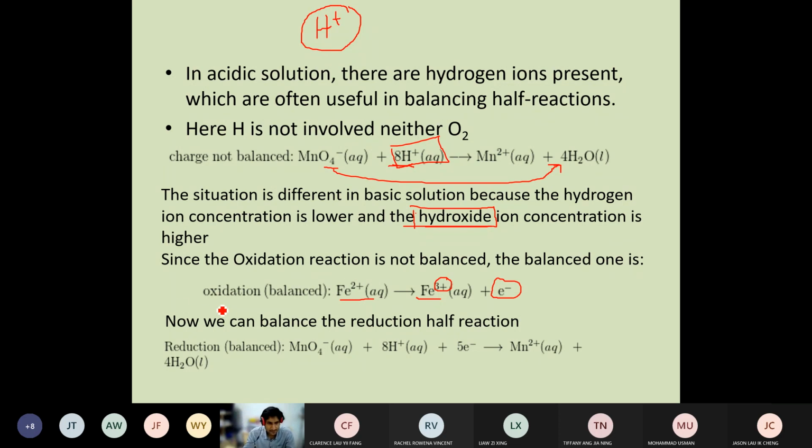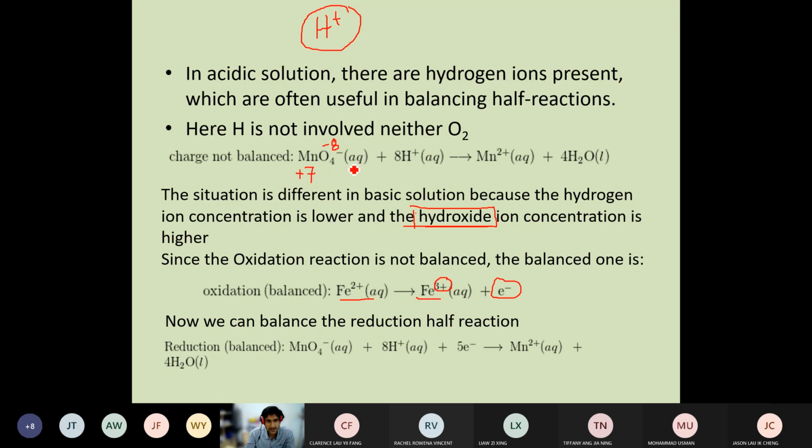So this manganate ion and hydrogen ions coming from the acid, and there are 5 electrons involved here. Before that, I forgot to tell you: manganese was positive 7, with oxygen negative 8.